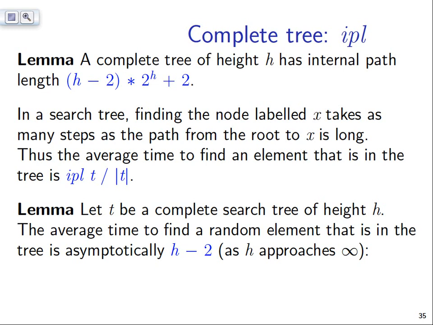So in a complete binary search tree, the average time is of the same order as the height of the tree. And why is this h minus 2? Why does that come out of this formula by dividing it by the size of t? Well, the size of t is just 2 to the h, give or take 1. So if you divide this expression by 2 to the h, the 2 to the h drops out.